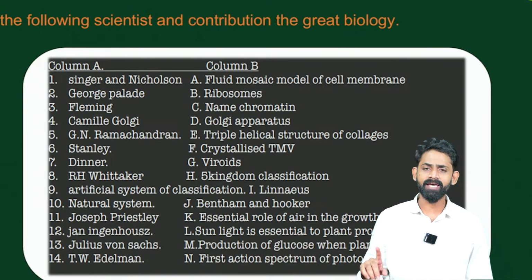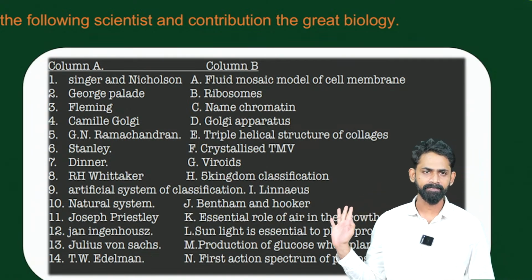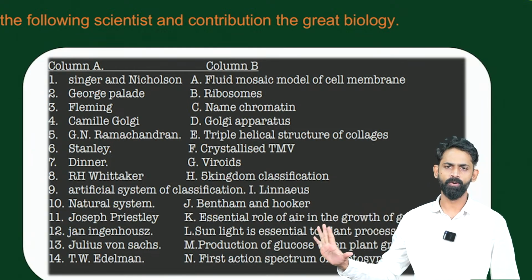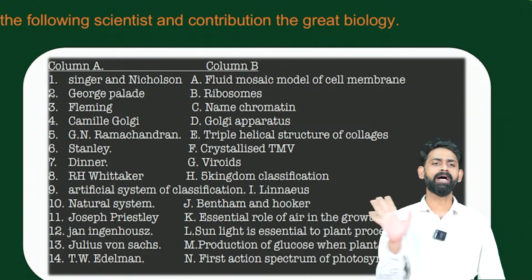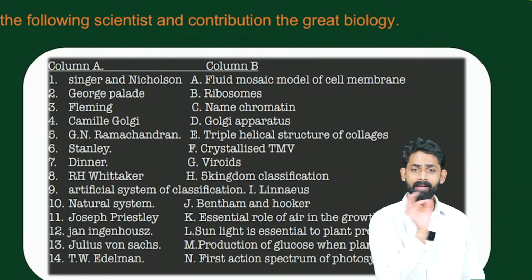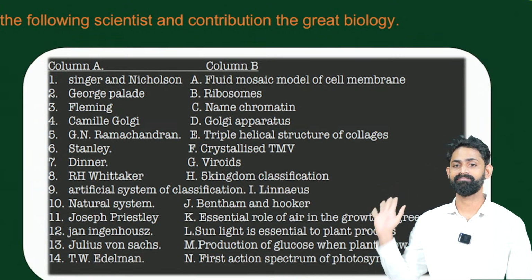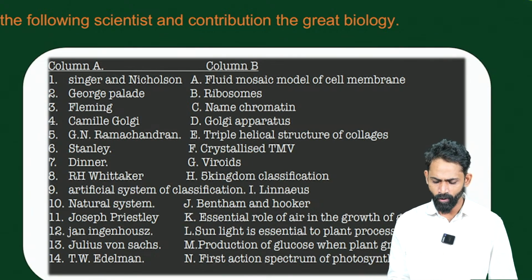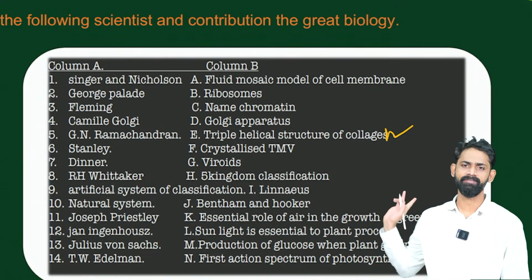Singer and Nicolson are famous for the fluid mosaic model of the cell membrane. Palade, ribosomes. Flemming gave the name chromatin. Golgi. G.N. Ramachandran, triple helical structure of collagen. Stanley crystallized TMV.